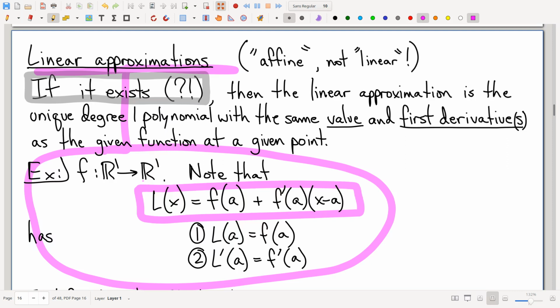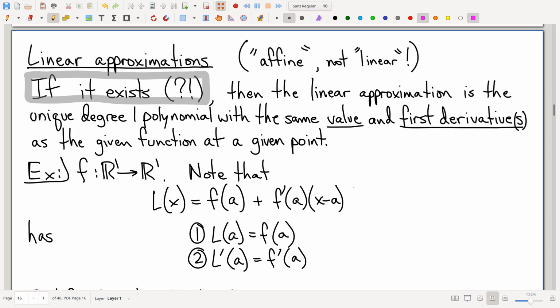There are different points of view you can give. I'm going to push a particular point of view: what I like about this function is that this is the unique degree 1 polynomial that mimics my function f in terms of value and derivative.